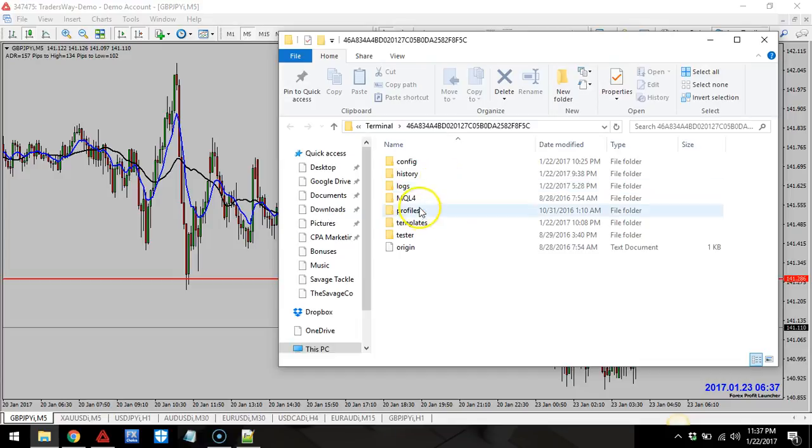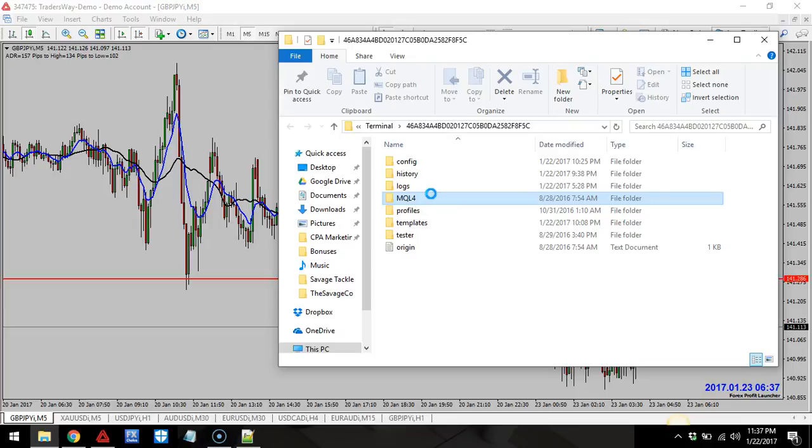Once it comes up, go to MQL4. Then after this one right here, there's another folder that says Indicators, and that's where you're going to put them. I'm not even going to do it because my computer's so slow.